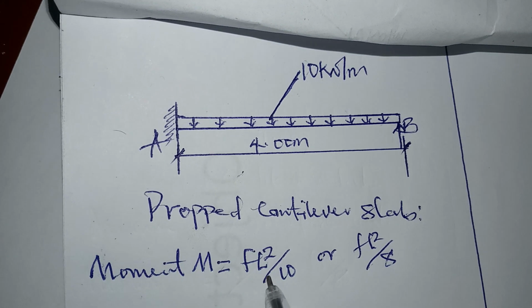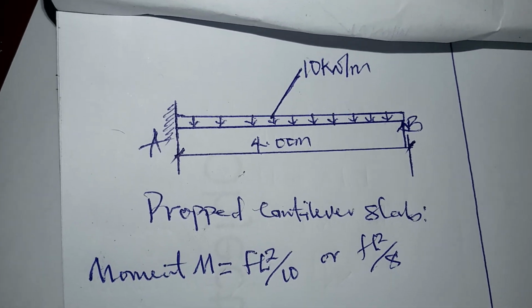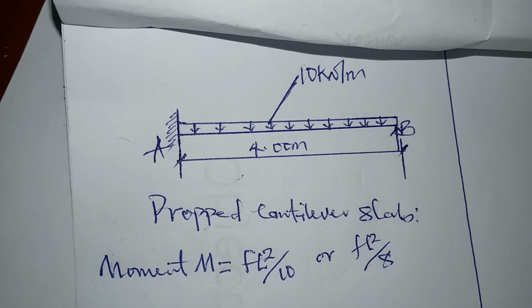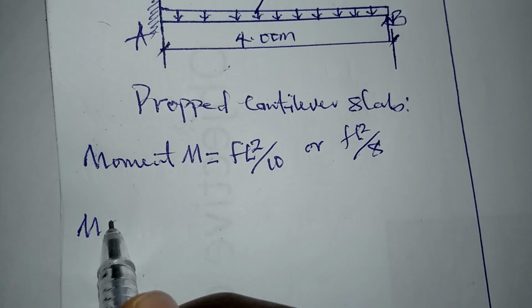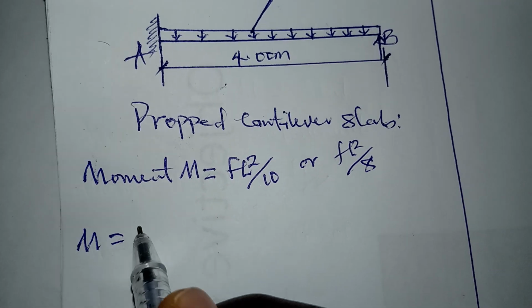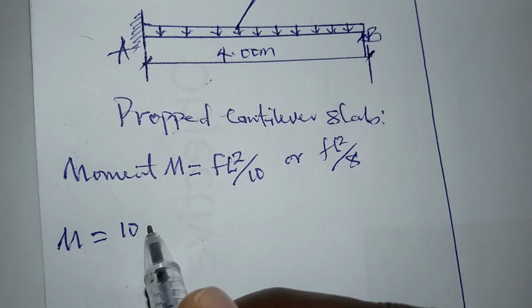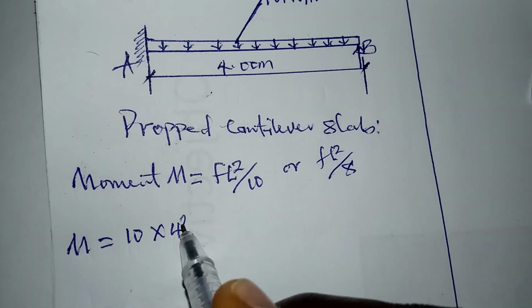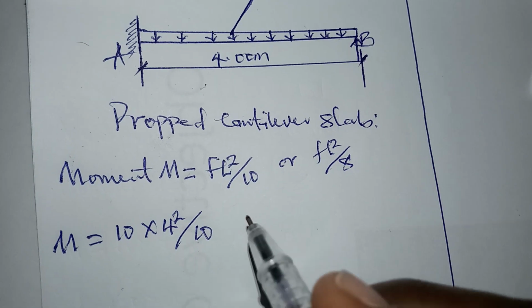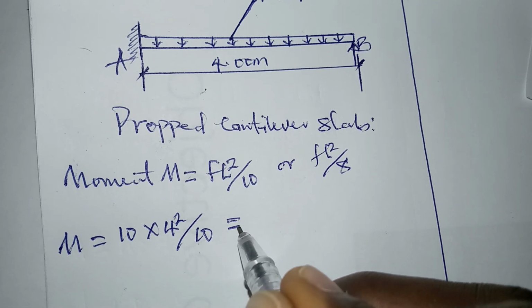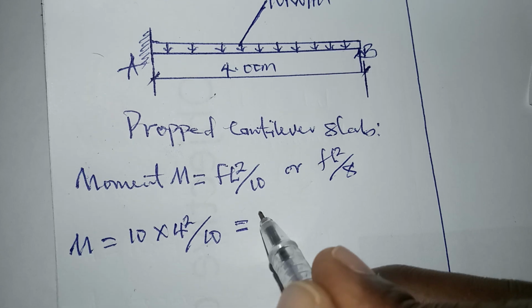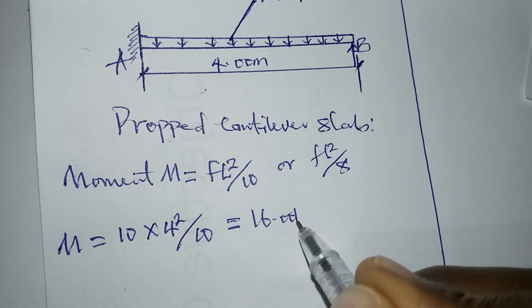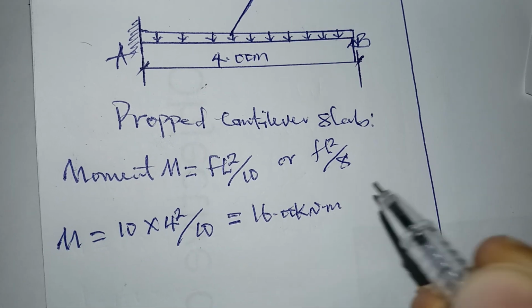So we are going to be using this for economic purpose. So the moment is equal to 10 kilonewton per meter times our length 4 squared divided by 10. Simplification of this gives our moment to be 16 kilonewton meters.